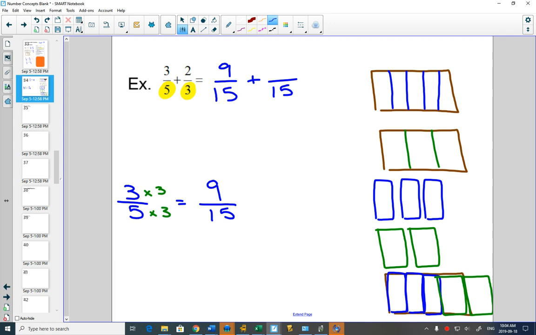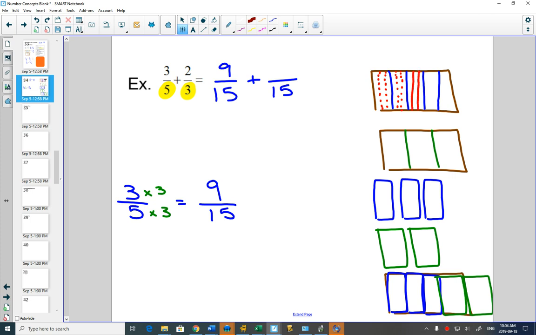In other words, in order to get 15 pieces in this first chocolate bar, I would need, I'll take out my red pen, to split each piece into 3. Maybe I'll start drawing solid lines.